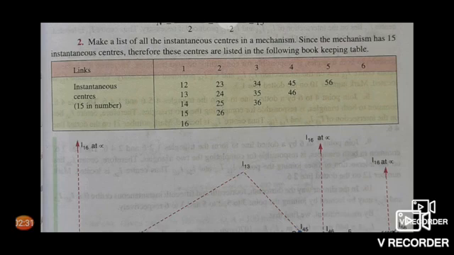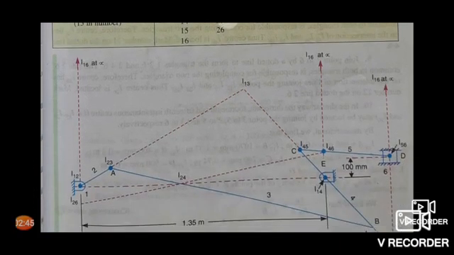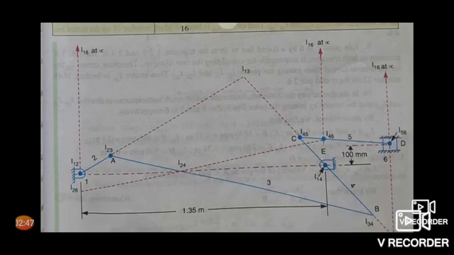Link 3: 34, 35, 36. And link 4: 45, 46. And link 5: 56. Here is the diagram of the links.